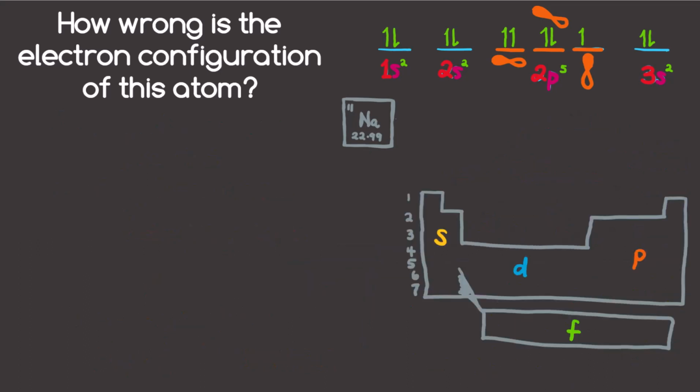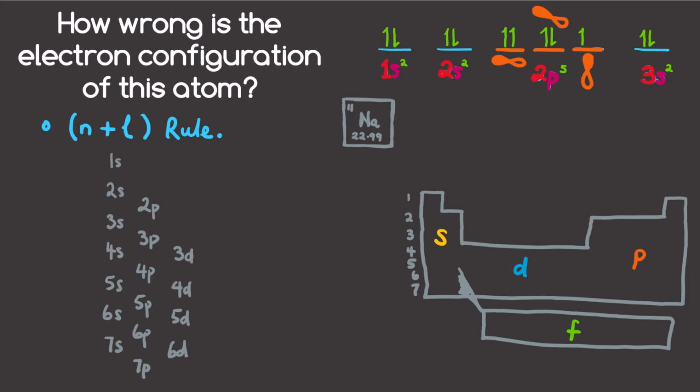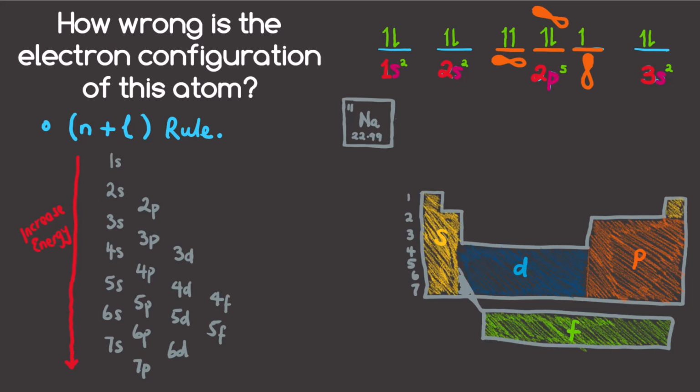Next is the n plus l rule, which is used to rank subshells based on increasing energy. This can be reviewed on the periodic table, and this states that the higher the principal n and the angular momentum l quantum number, the higher the subshell energy.